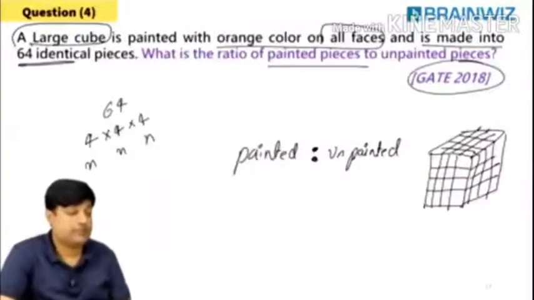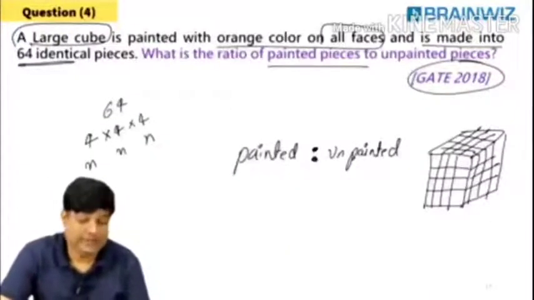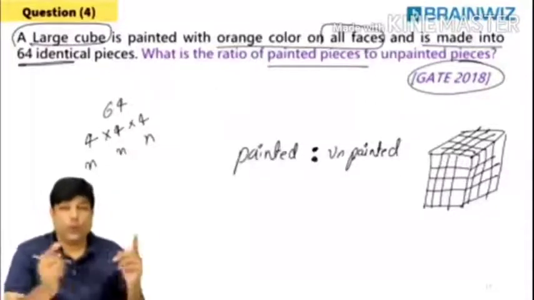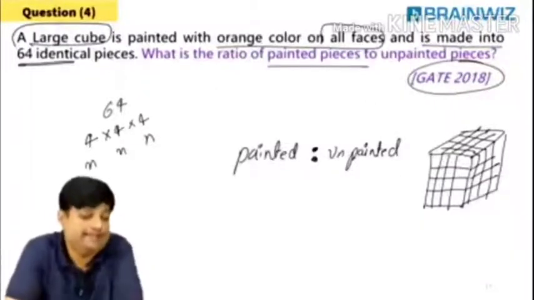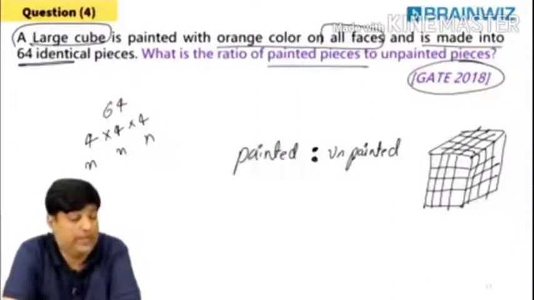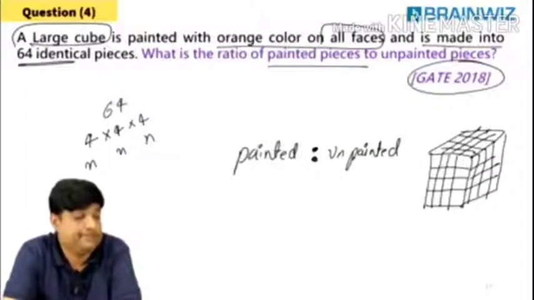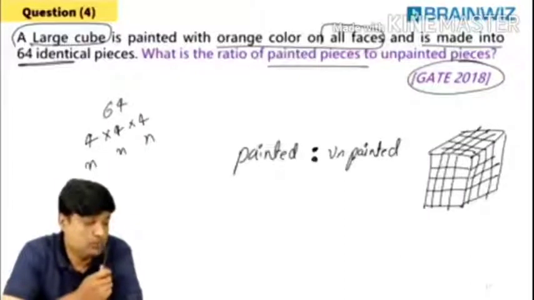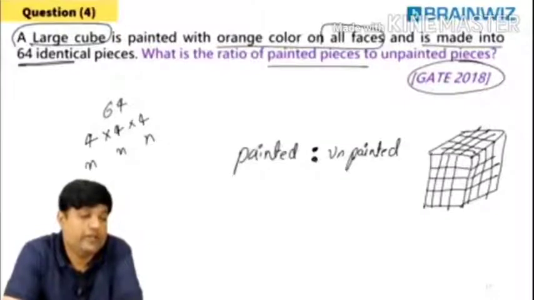1:7 or 7:1? Aniket, reverse it. Painted to unpainted. Very good, Aniket.